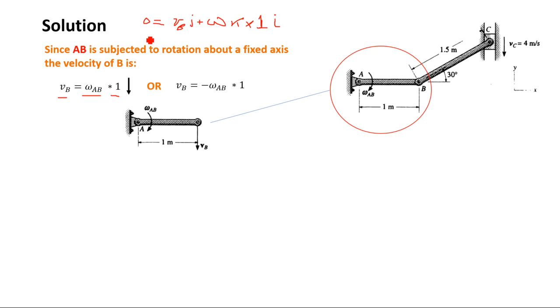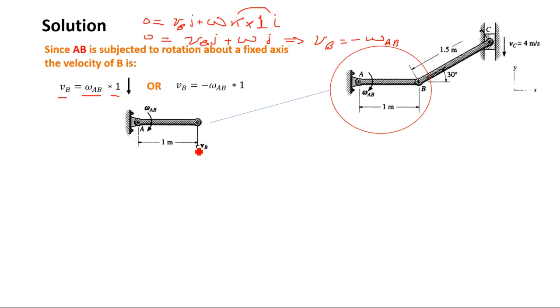So we come to the equation that 0 is equal to VB j plus, since k times i is j, omega j. And we come to the conclusion that VB is equal to negative omega AB. So I just took the long way to get the same result.